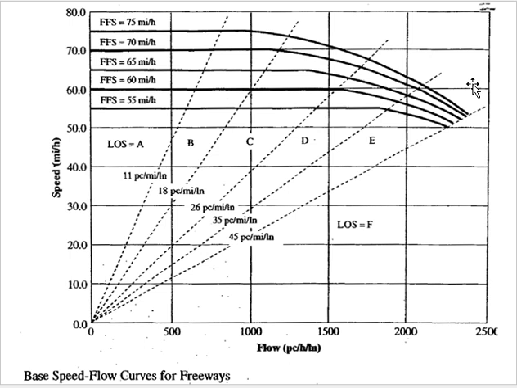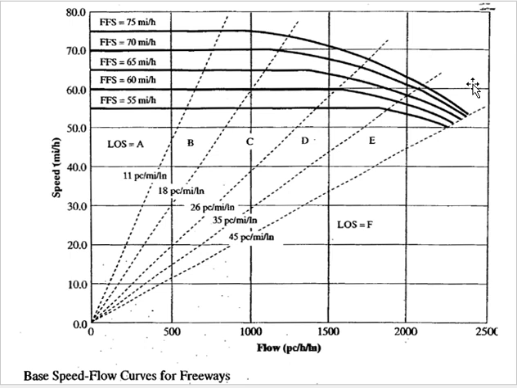What does this value mean in this graph? This value becomes the slope. Why? Because density equals flow upon speed. So with flow on the x-axis and speed on the y-axis, density becomes a slope. When you take the density from the Highway Capacity Manual for any level of service, that density becomes the slope of this line.